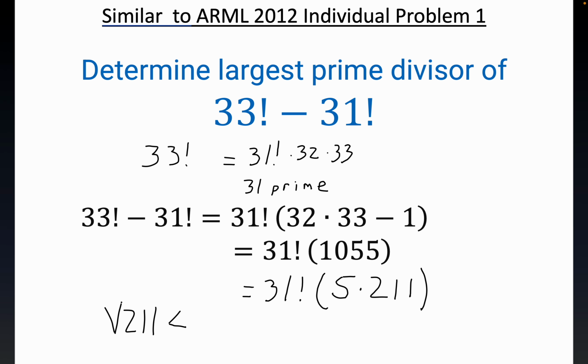I'm talking about the square root, right, folks? The square root of 211 is certainly less than 15, right? So why did I do that? Well, there's a result that says all you have to do is look at the prime divisors that are less than the square root of 211. Okay, well, this is a rough upper bound.